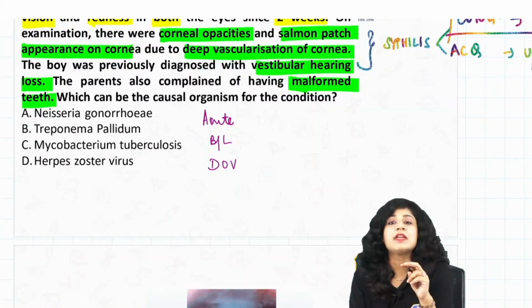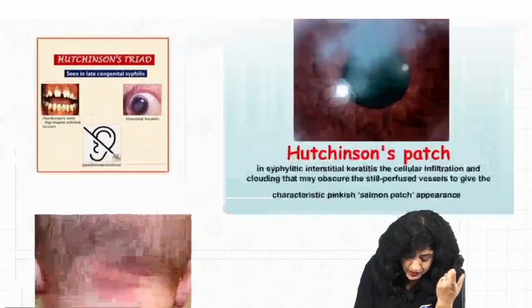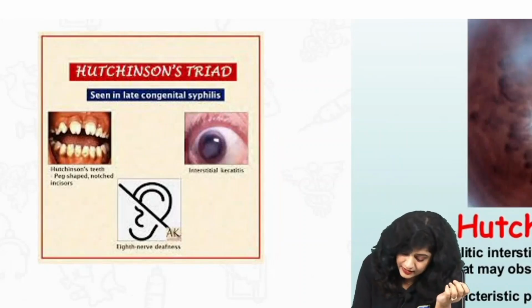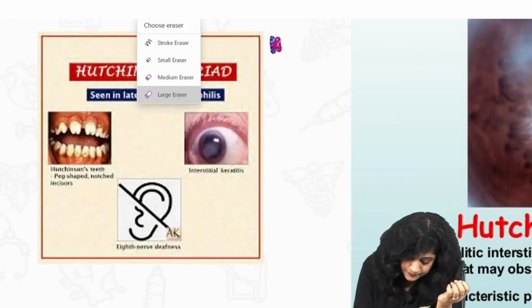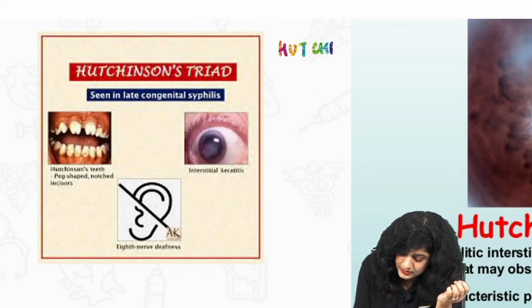Now usually we get a very typical triad in these children. What is that typical triad? This triad is actually called the Hutchison Triad. And in this Hutchison Triad, you get obviously three things.